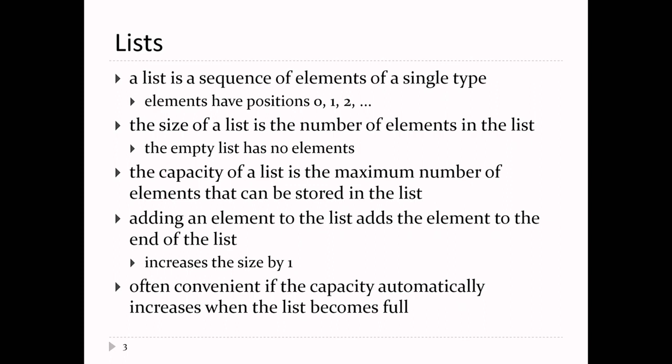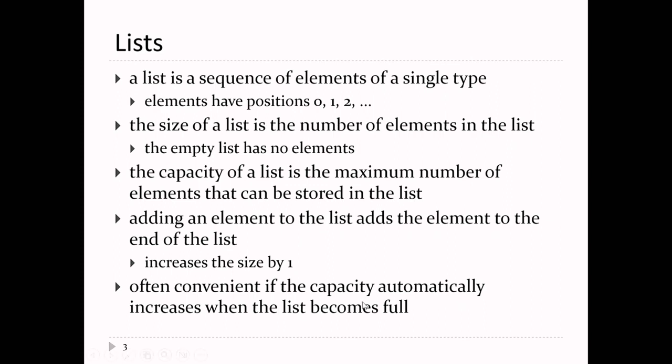If I add to that list, there's now an element at index 1. And if I add to that list, there's now an element at index 2, and so on and so forth. Some lists add at the front, so they grow from the front, they grow to the left. Our lists are going to grow to the right. Of course, when you add an element to a list, the size of the list grows by 1.